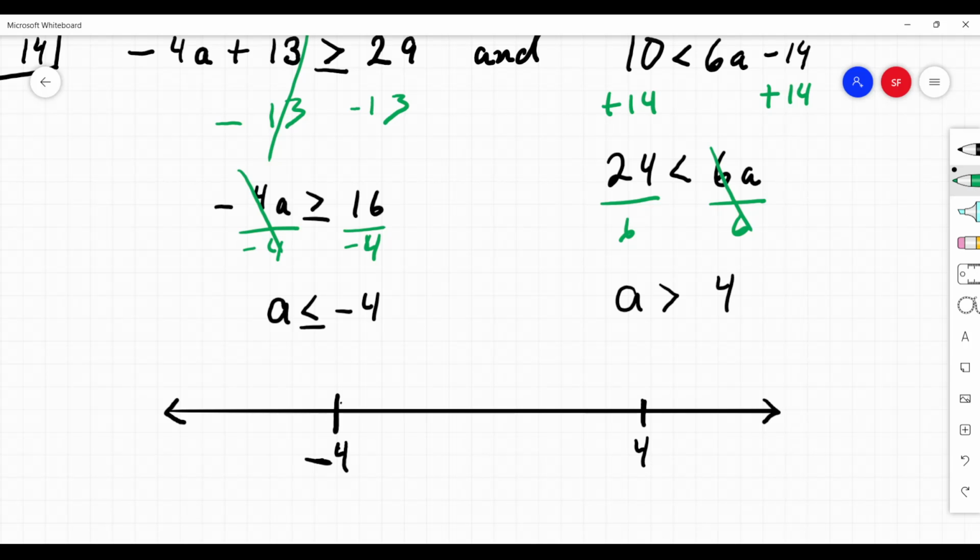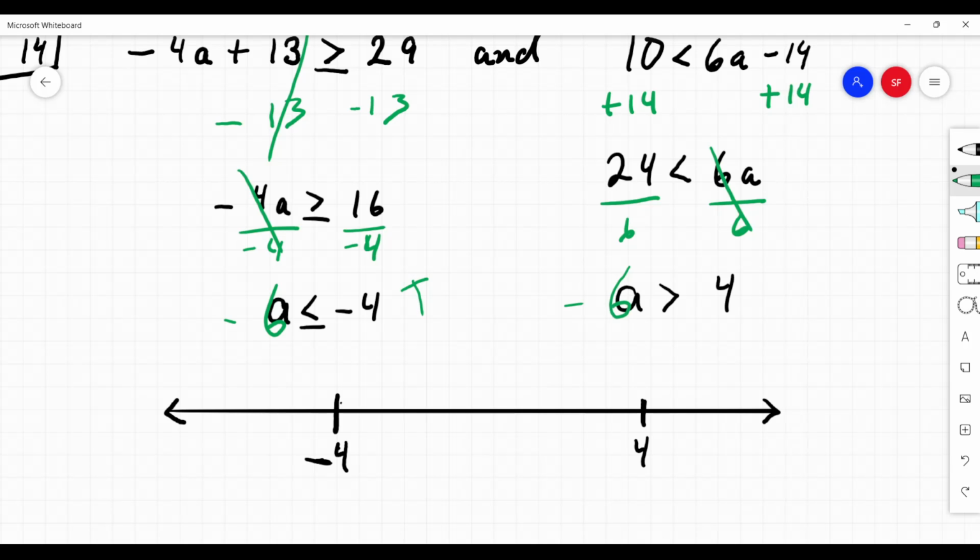What's a number over here? Negative 6. If I plug -6 in here, is -6 less than or equal to -4? Yes, it is. So this is true at that point.